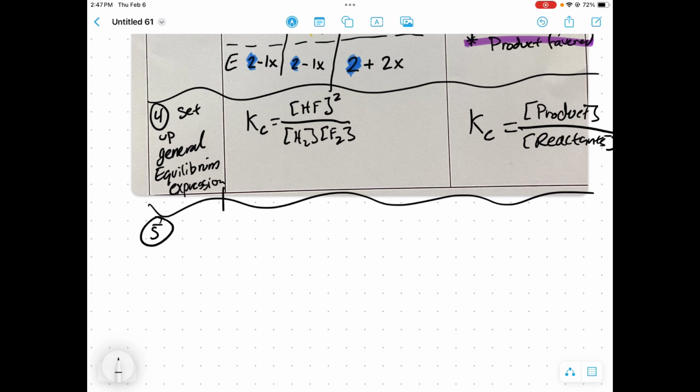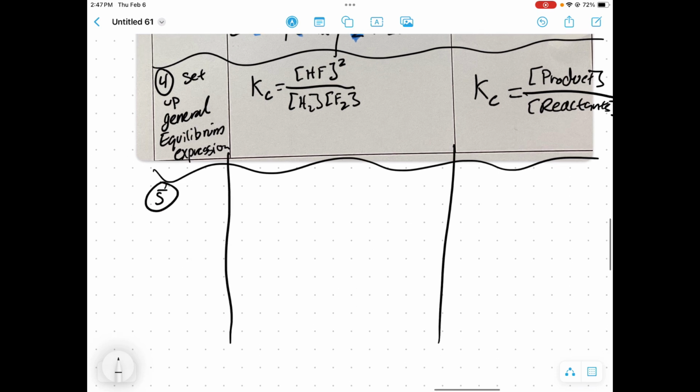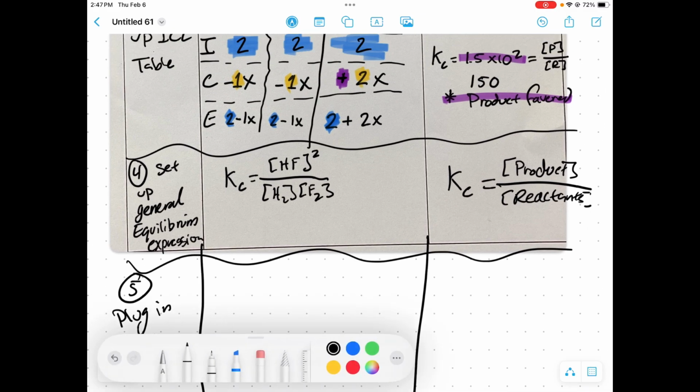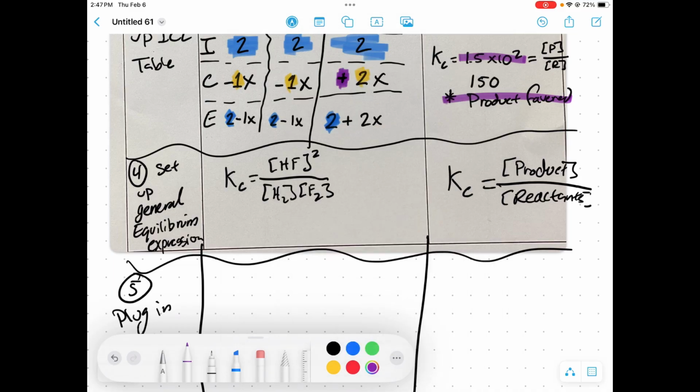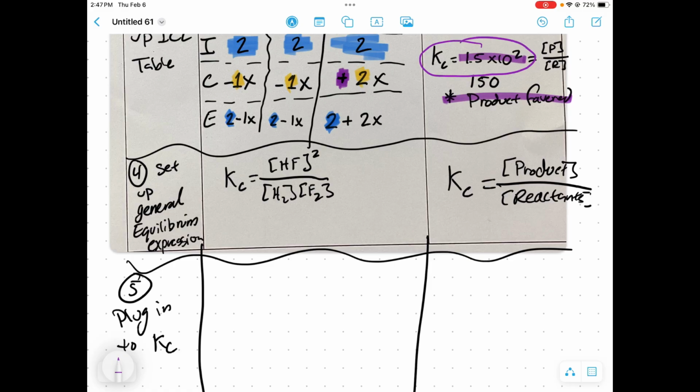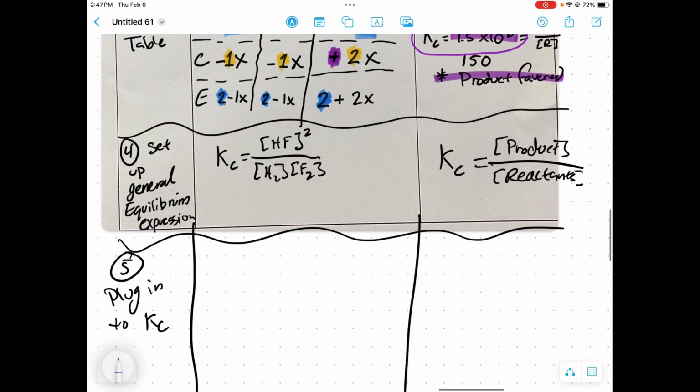So step number 5, I'm going to plug in to my Kc, my general equilibrium expression. So instead of using Kc and solving for Kc like we did before, we know that Kc is 1.5 times 10 to the 2.